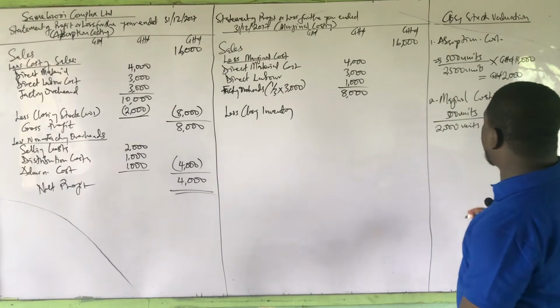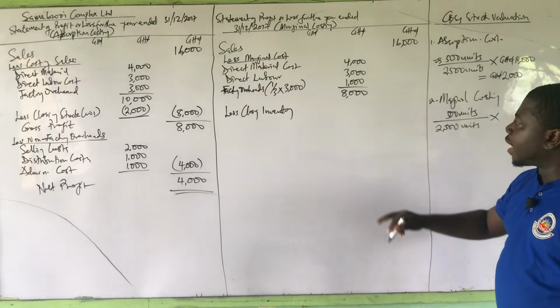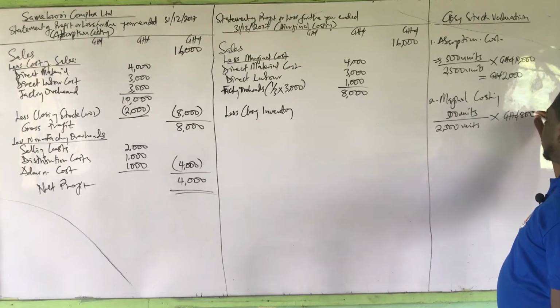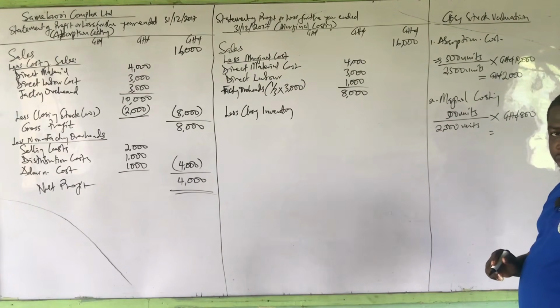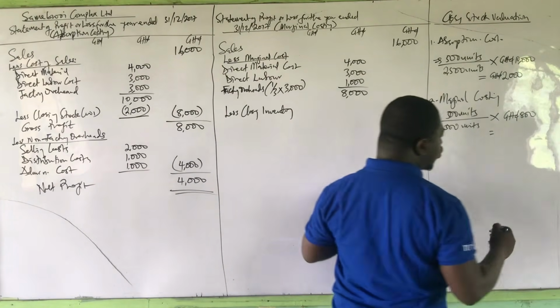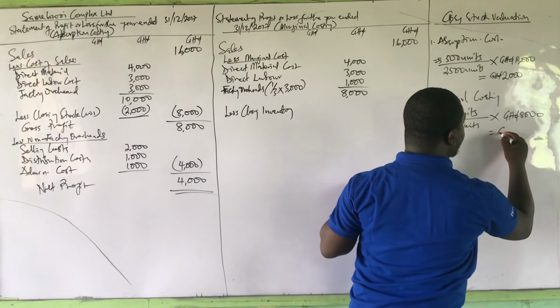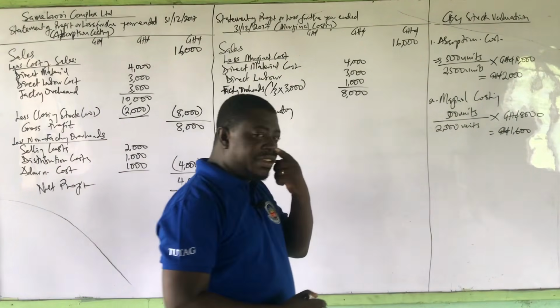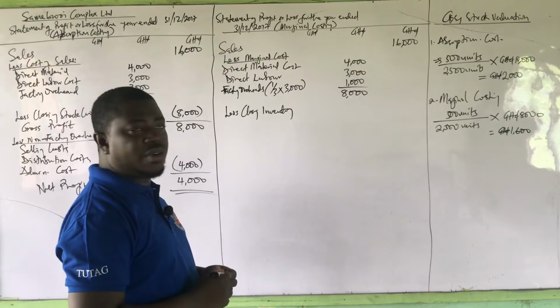But we are no longer multiplying by 10,000. This time we are multiplying by 8,000. I hope you are understanding what we are doing. And when we multiply by 8,000, it's going to give us 1,600 as our closing inventory under the marginal costing system.